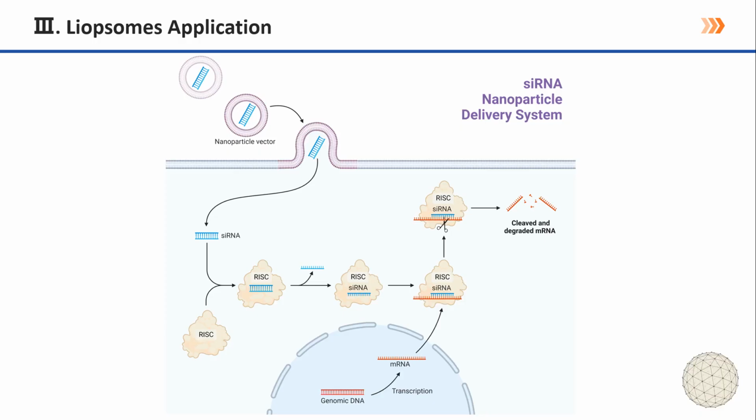The bound siRNA guides RISC to recognize and cut complementary mRNA, resulting in the degradation of mRNA and ultimately achieving regulation of gene expression. This siRNA delivery system provides a new tool and method for gene therapy and disease research, which helps us better understand the mechanism of disease occurrence and explore new treatment strategies.